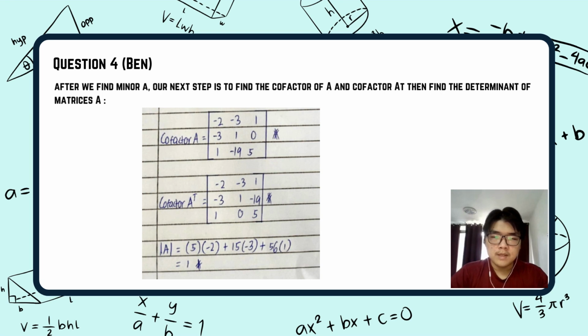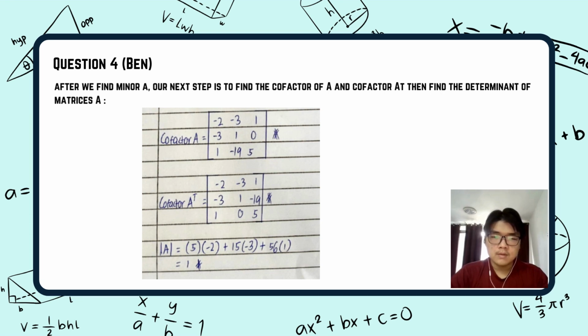Then the same for the others. Our row becomes column: negative 3, positive 1, 0 will be our second column. Then 1, negative 19, and 5. As usual, row to column. So that is how the cofactor A transpose works.